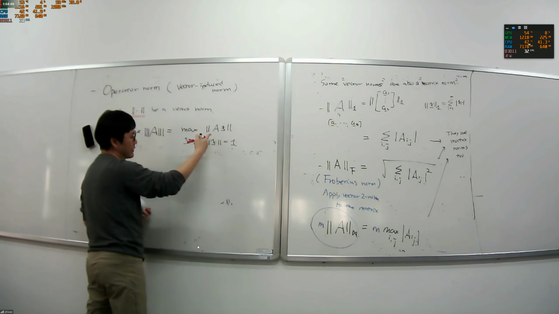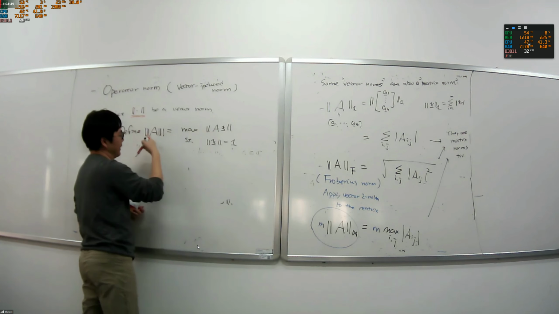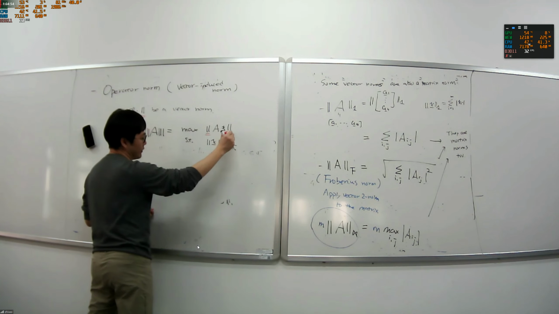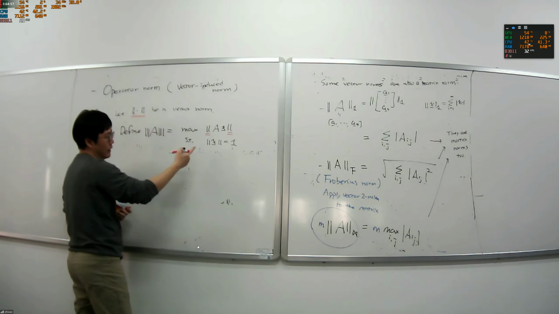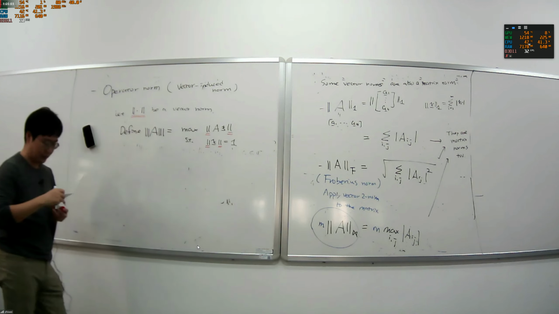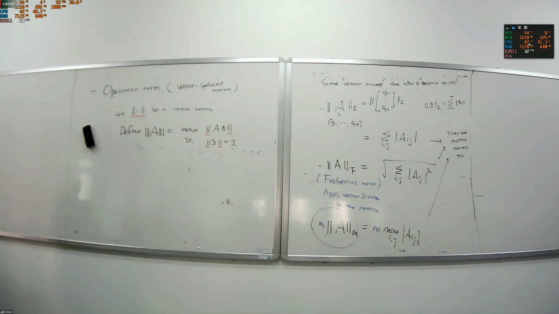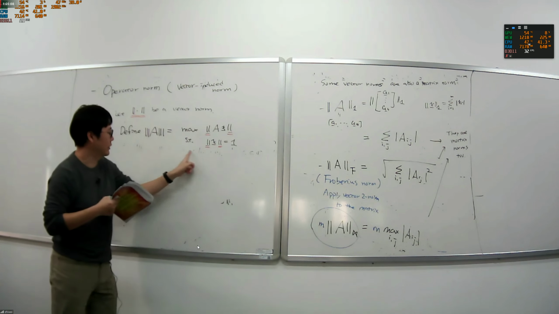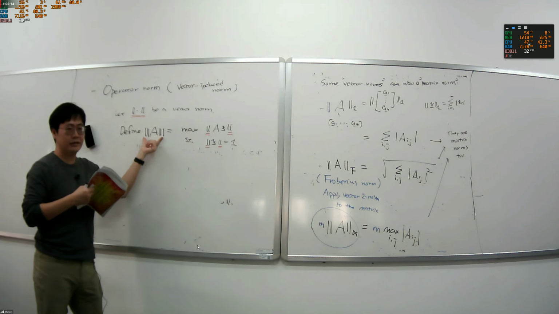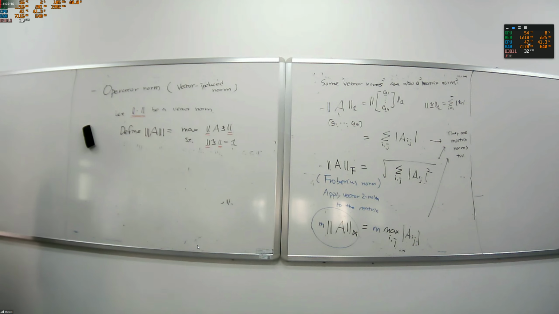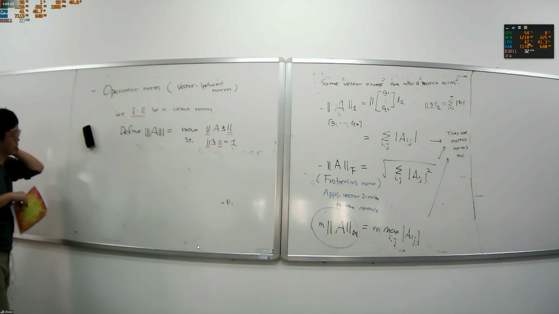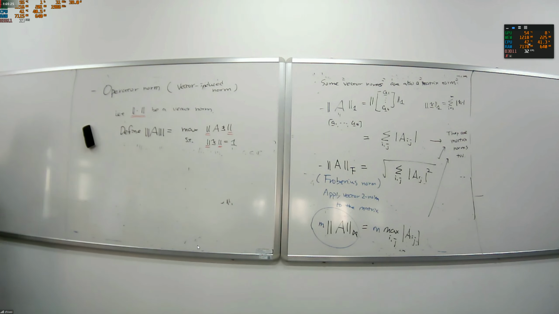The objective function is the norm of A times X, where A is the matrix, in terms of this vector norm, and X is subject to its vector norm being equal to 1. The optimal value of this optimization problem is actually a matrix norm. So it's called the vector induced norm, or the operator norm.